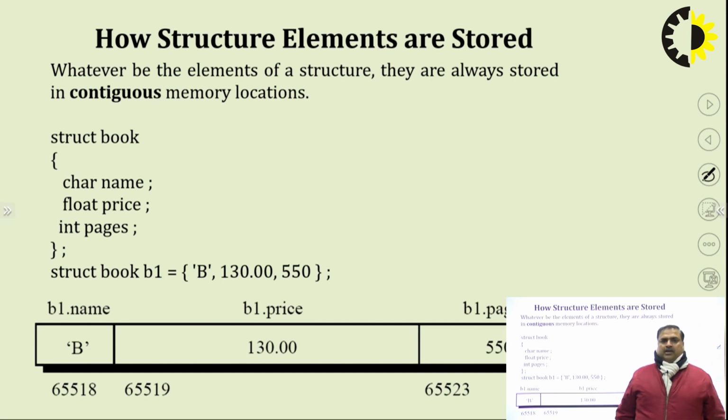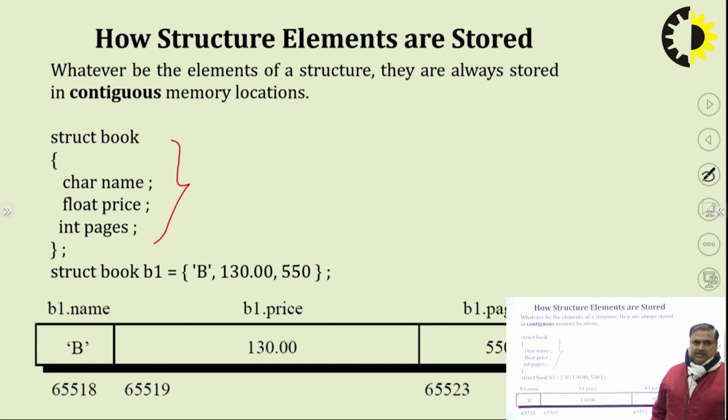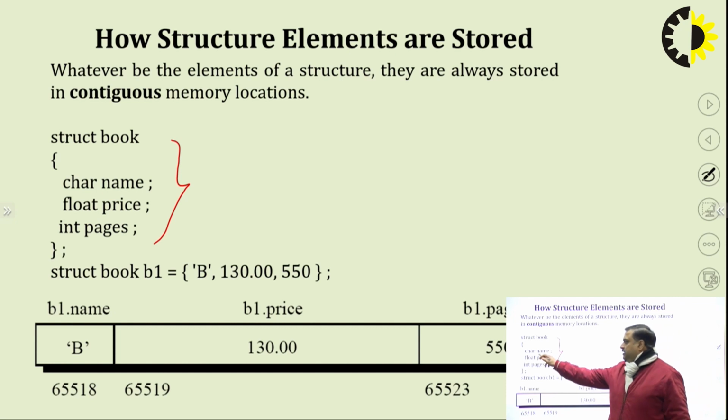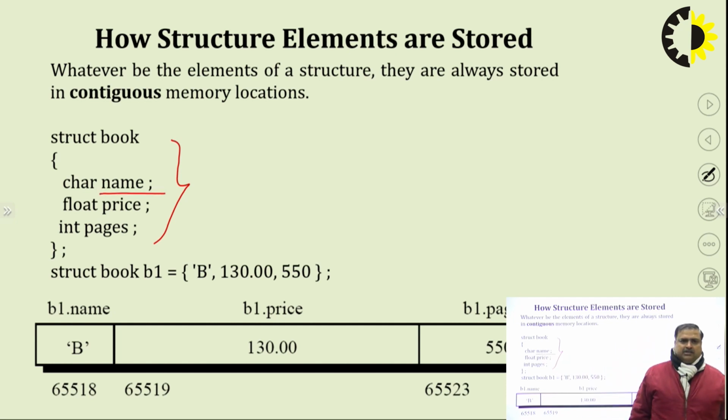Now let's try to understand how they are stored inside the memory. What is happening in memory? In this example we have a structure book having name, float price and int pages. I have deliberately taken name as a normal character, but actually it should be taken as a character array.